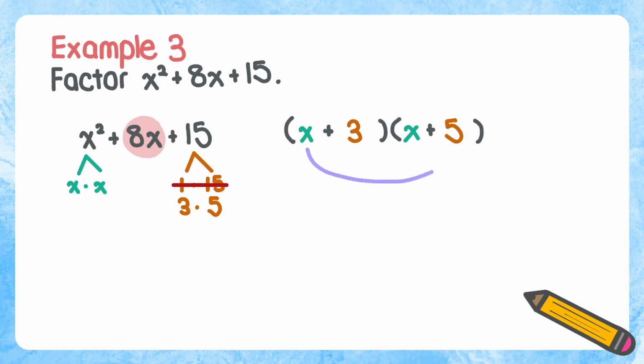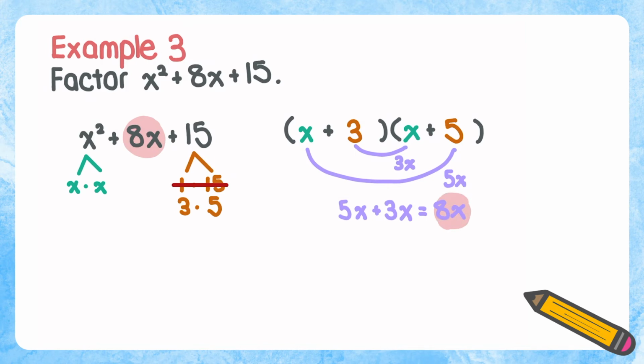Remember to check. We want to multiply the outside terms and the inside terms. So x times 5 is 5x, 3 times x is 3x. And when we combine the terms, 5x plus 3x equals 8x. Voila!